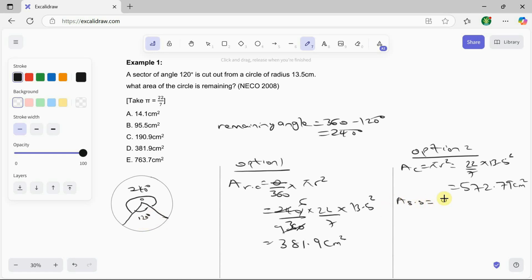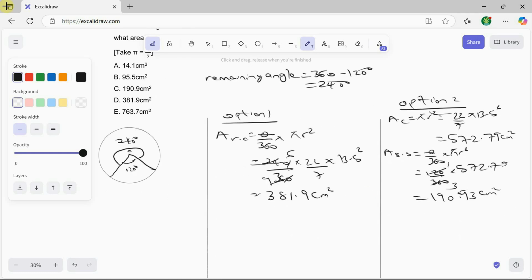The area of the small sector is theta over 360 times pi r squared, which is 120 over 360 times pi r squared. We've already done this; I've gotten 572.79. The 120 here is 1, the 360 here is 3. So if I divide this by 3, this gave me 190.93 centimeters squared.